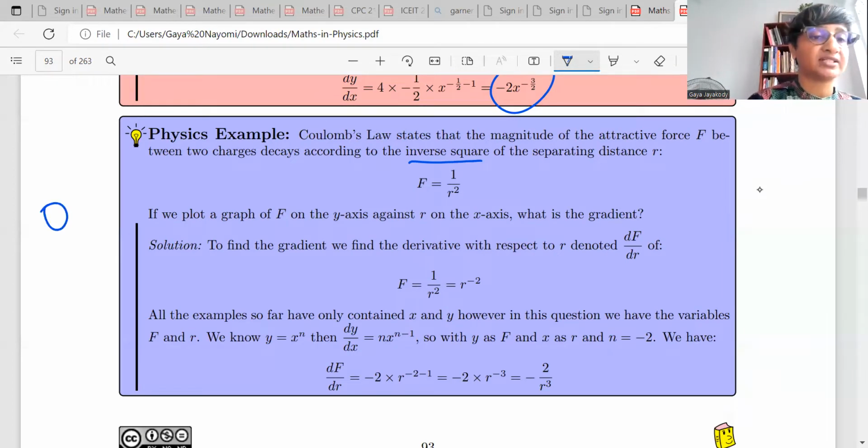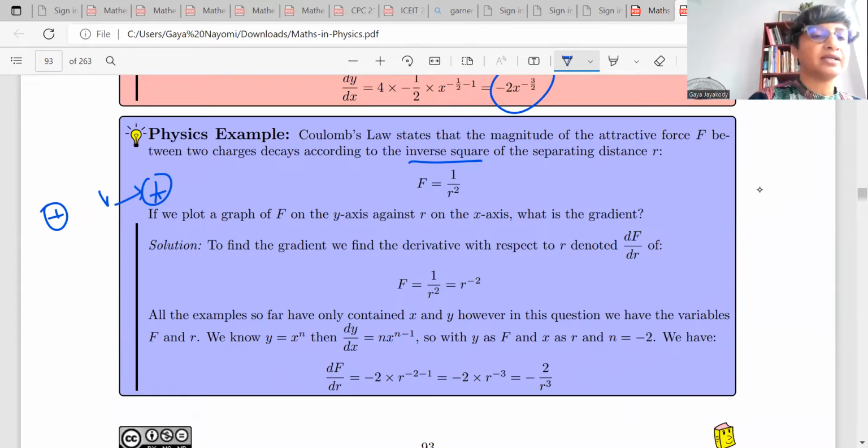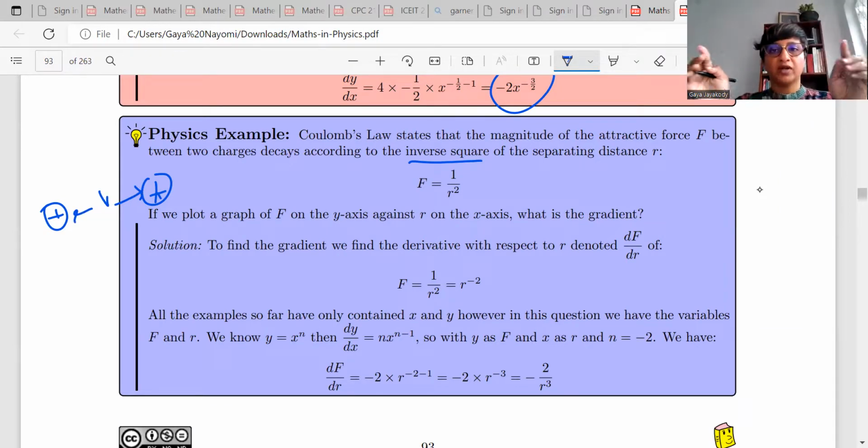If you have two charges, say two positive charges, the electric force between them is a function of the distance between them. The further apart they are, the lesser the force.